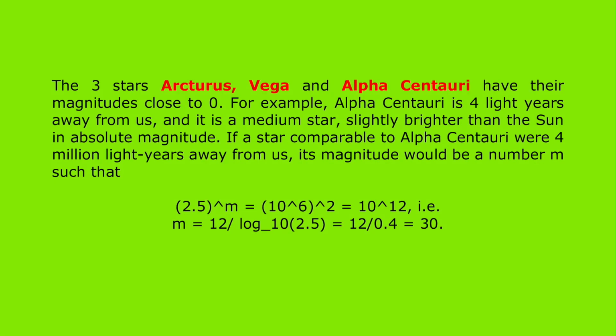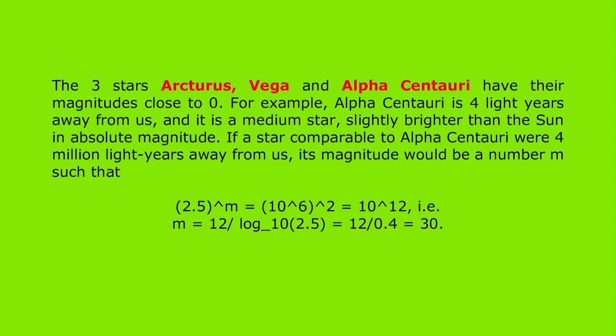The three stars Arcturus, Vega, and Alpha Centauri have magnitudes close to 0. For example, Alpha Centauri is 4 light-years away from us, and it is a medium star slightly brighter than the Sun in absolute magnitude.